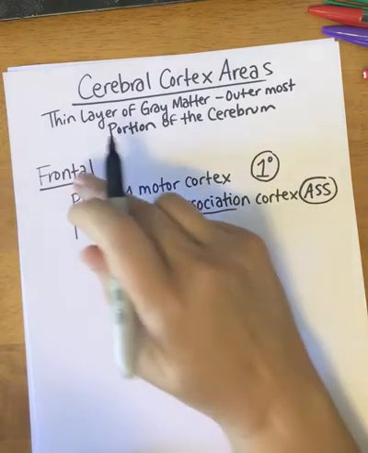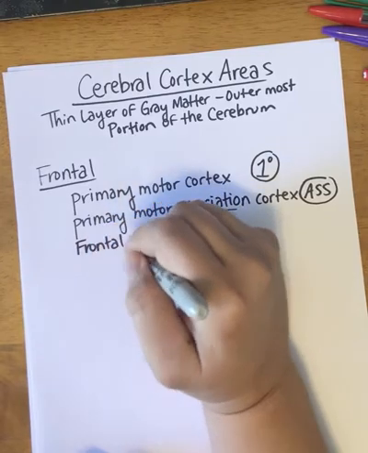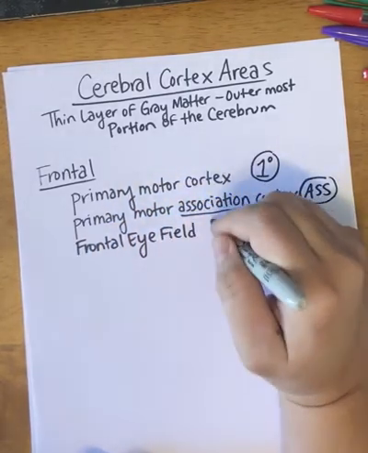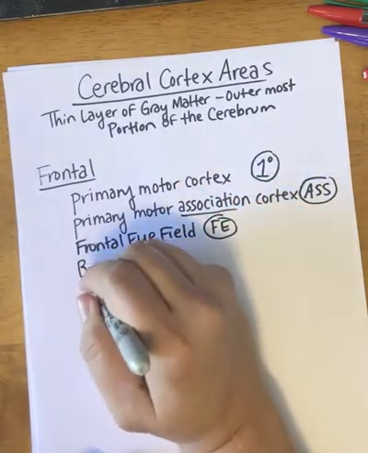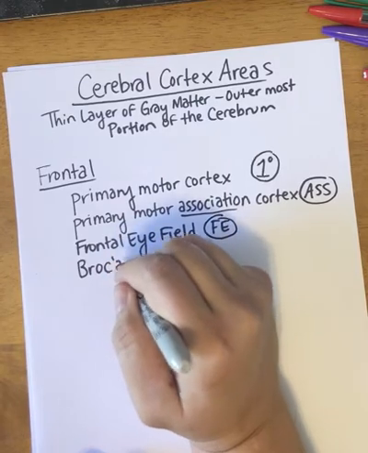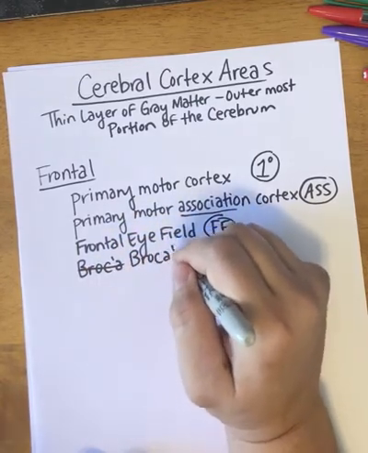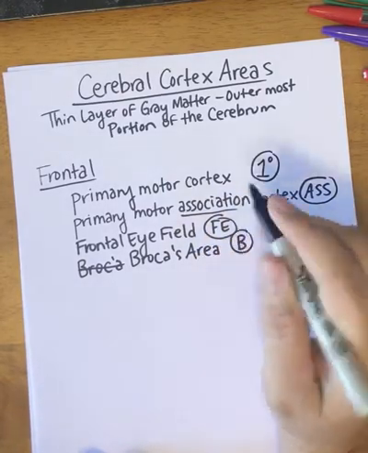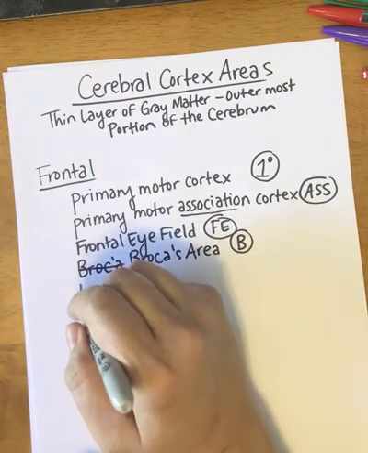Now, your frontal lobe is also going to have your frontal eye field, which I'll just write as FE. Then you're going to have your Broca's area, which I'll just draw as a B. And then you're also going to have your prefrontal cortex.